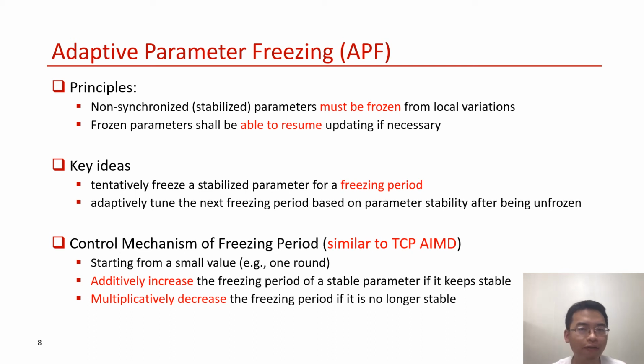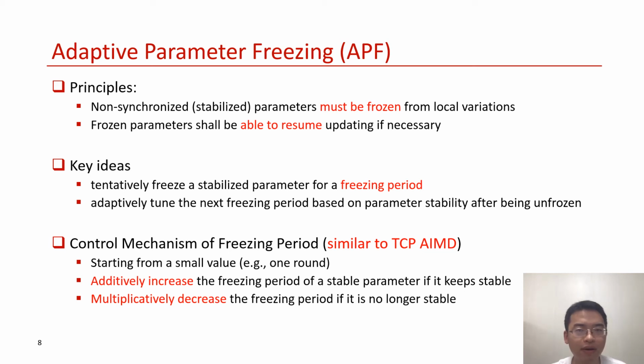To control the freezing period, we designed a mechanism similar to the TCP AIMD algorithm. That is, we additively increase and multiplicatively decrease the freezing period based on whether a parameter is still stable after the freezing period.